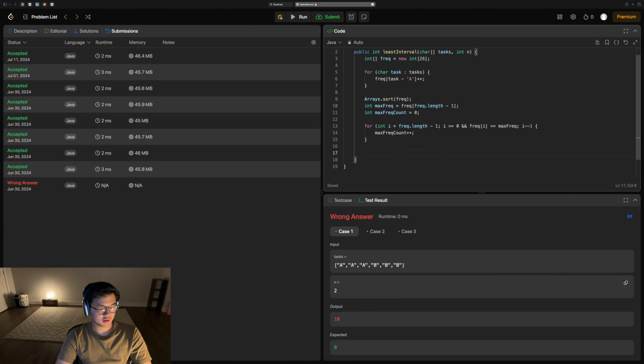I feel like we need to calculate how many idles we have, basically. So we do that by taking n minus max frequency count. Okay. So that's how many gaps will need idles. That times the idle length, right?